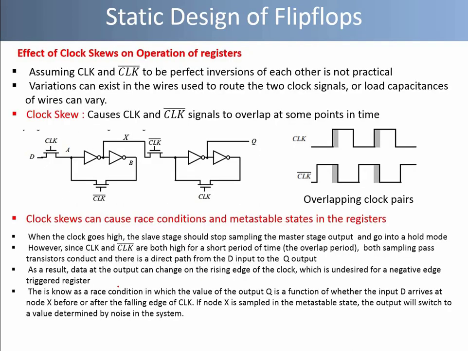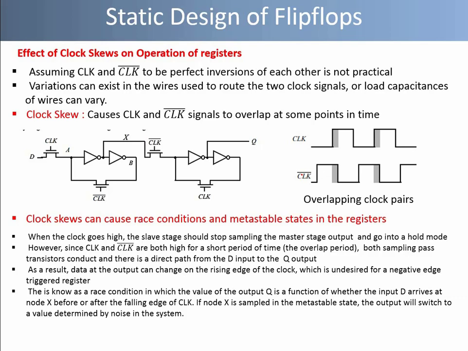So far, while discussing the operation of an edge triggered flip-flop, we have assumed that the clock and its complement are perfect inversion of each other. It means that we have considered that when clock is showing a low to high transition, then clock bar is showing a high to low transition exactly at the same time.